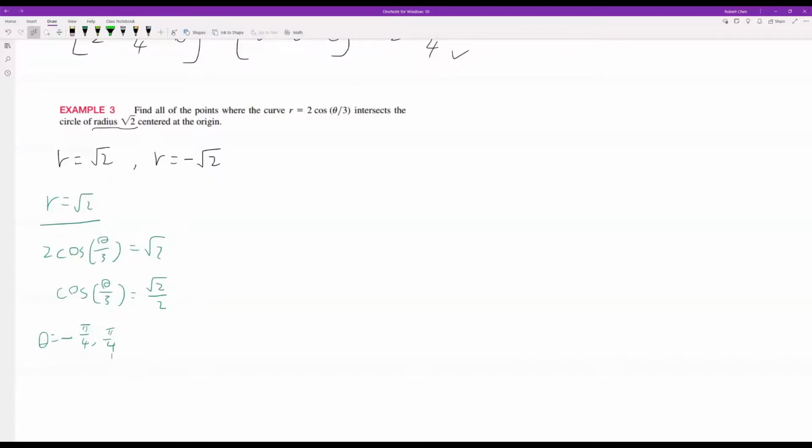Sorry, not theta, theta over 3, right? That means theta is negative 3 pi over 4 and 3 pi over 4.